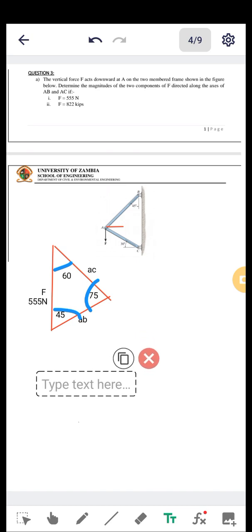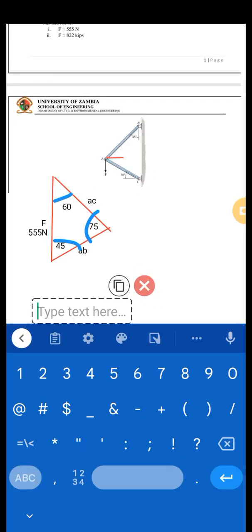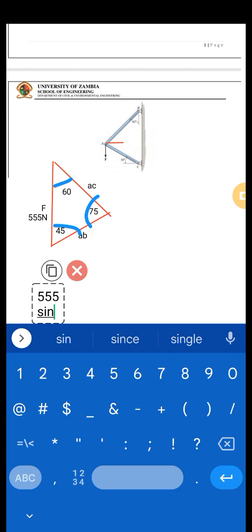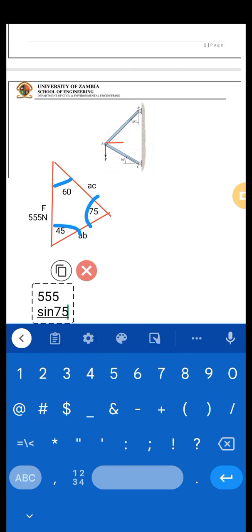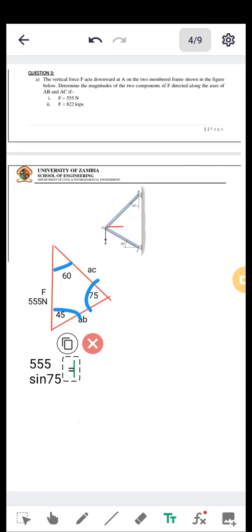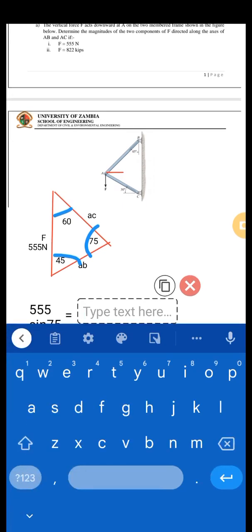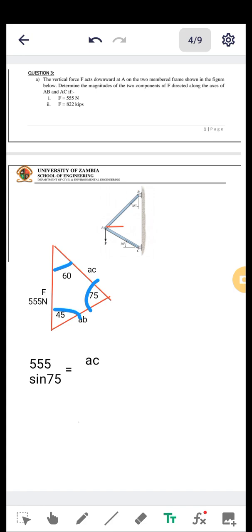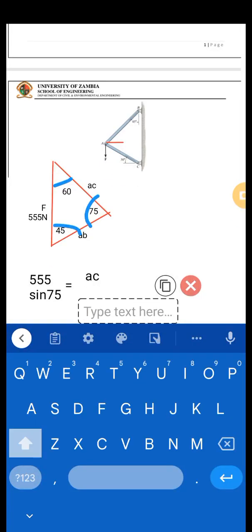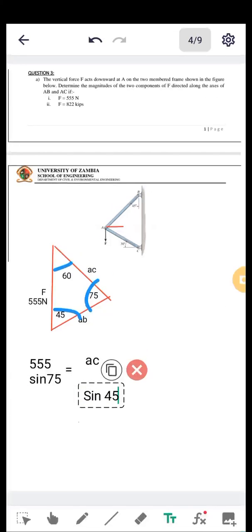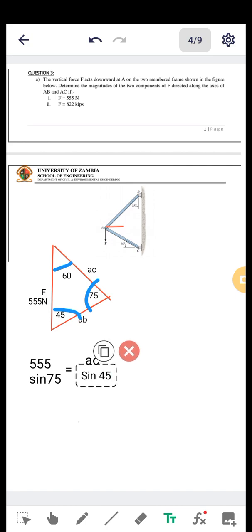So let me just say 555 over sine 75 is equal to AC over sine 45, the side with the angle 45.